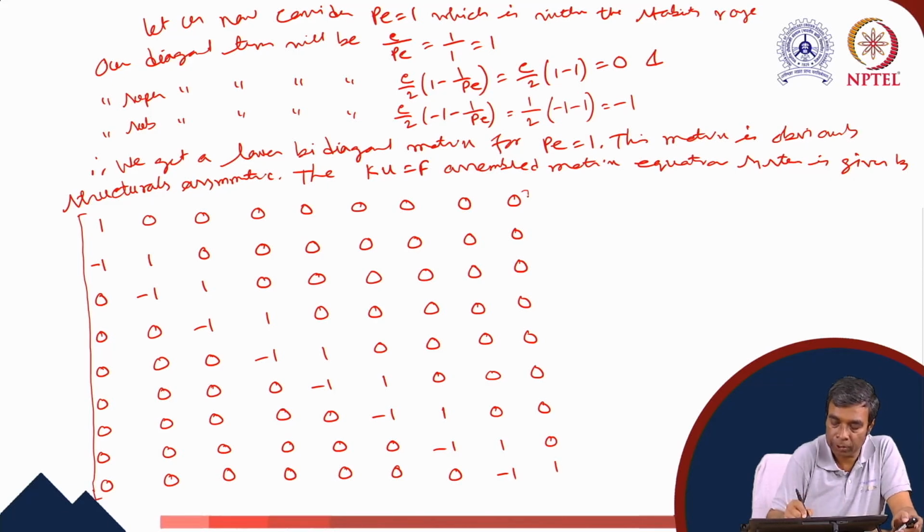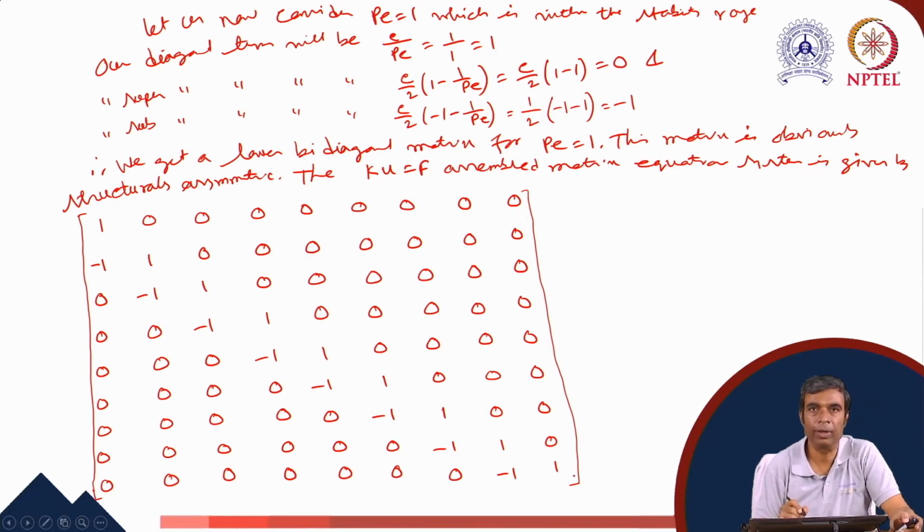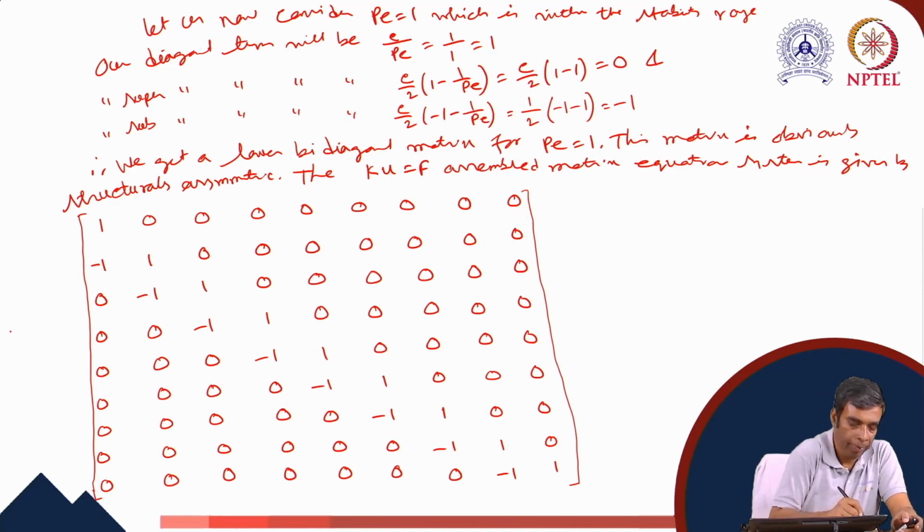So we have constructed the lower triangular matrix or the lower bidiagonal matrix for Peclet number 1.